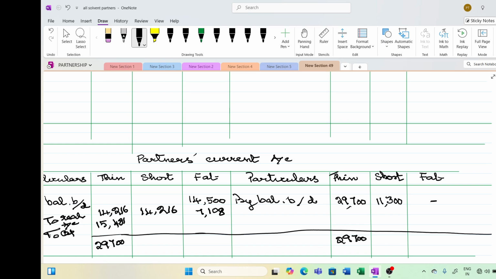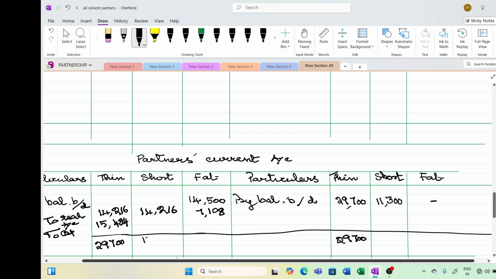So this is transferred to capital account. Here it is 11,300. Here the loss is more, 14. So transfer to capital account.